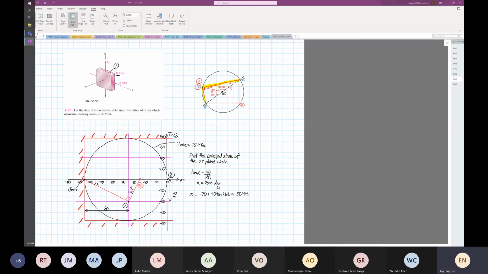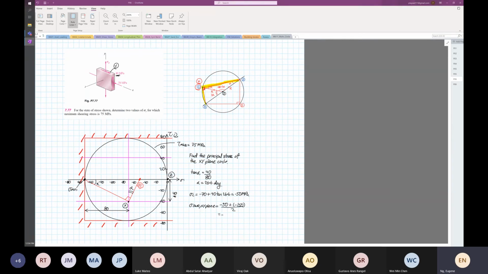Next we can find the average stress for the XY plane. So this will be equal to minus 50 plus minus 150, divided by 2.